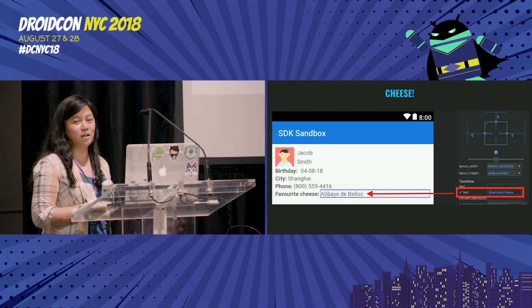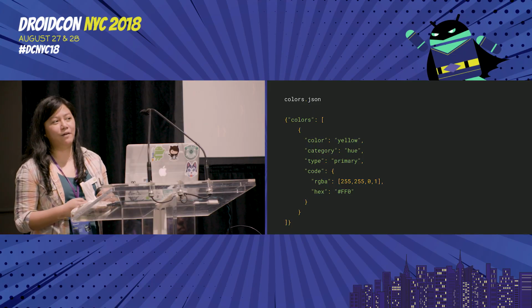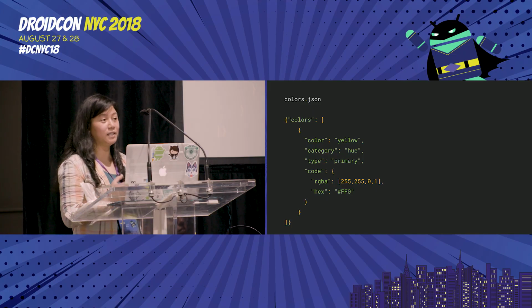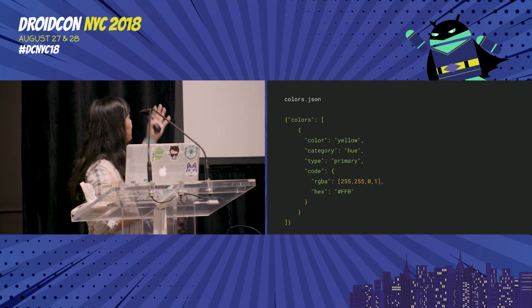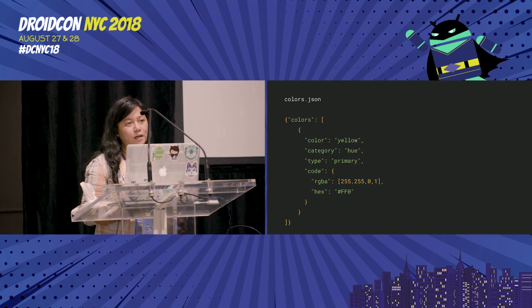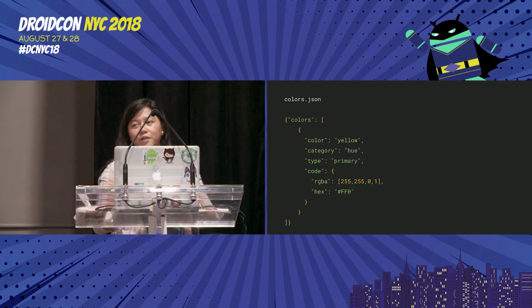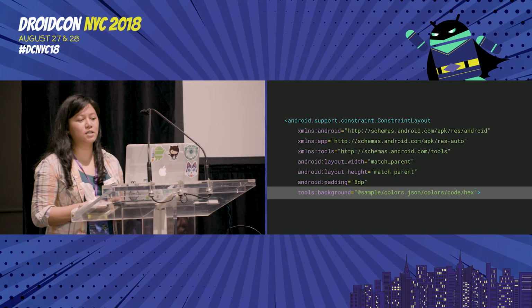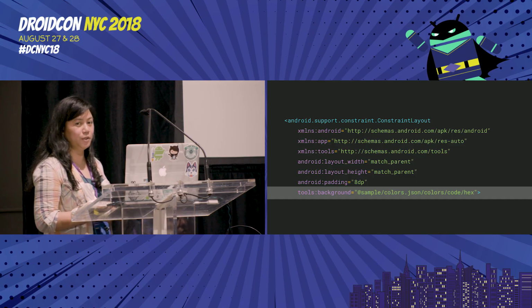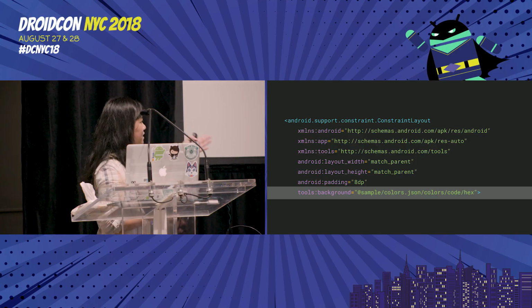We can also put in some JSON files in case we want to mock up some data from our own POJOs or models. Let's say, for example, we have an array of colors, and we contained it in a colors.json file. Let's say one of the entries in that file is this. So a color entry might have information such as the name, the category, different representations of its value, etc. If we then want to reference a color's hex value, for example, to use as a background, we can reference that element in our array using this syntax.